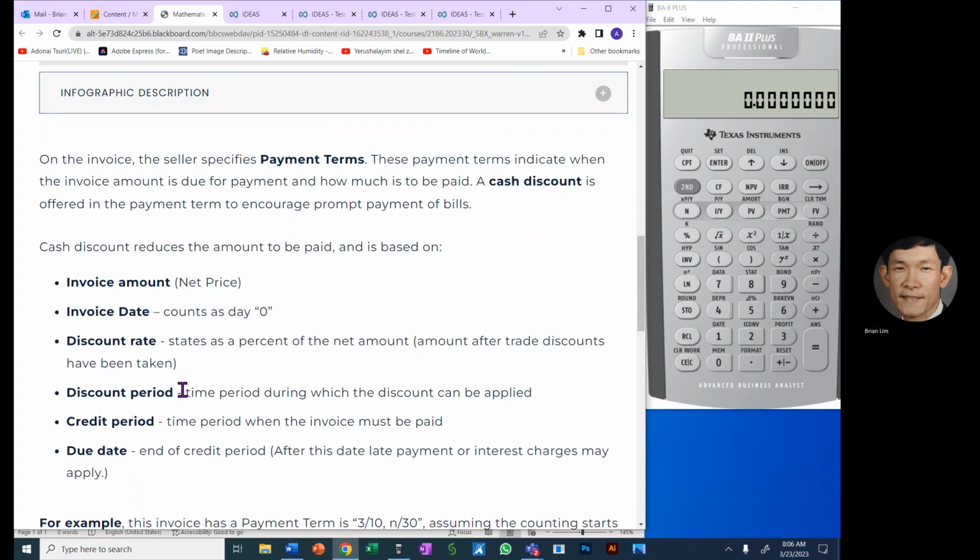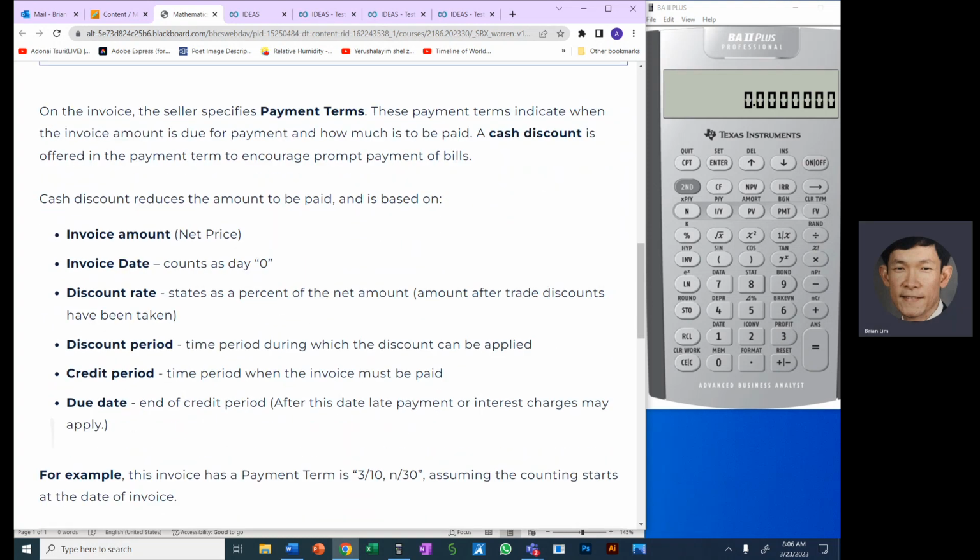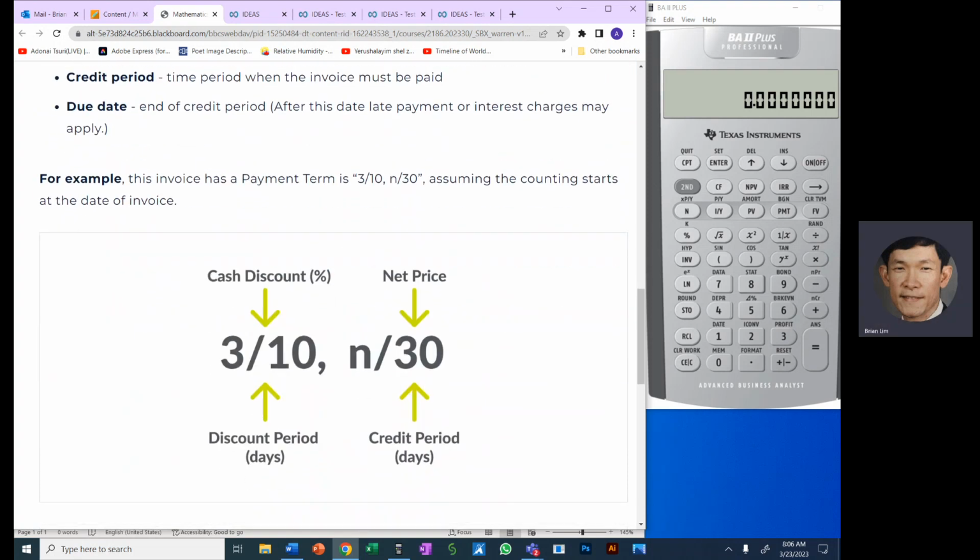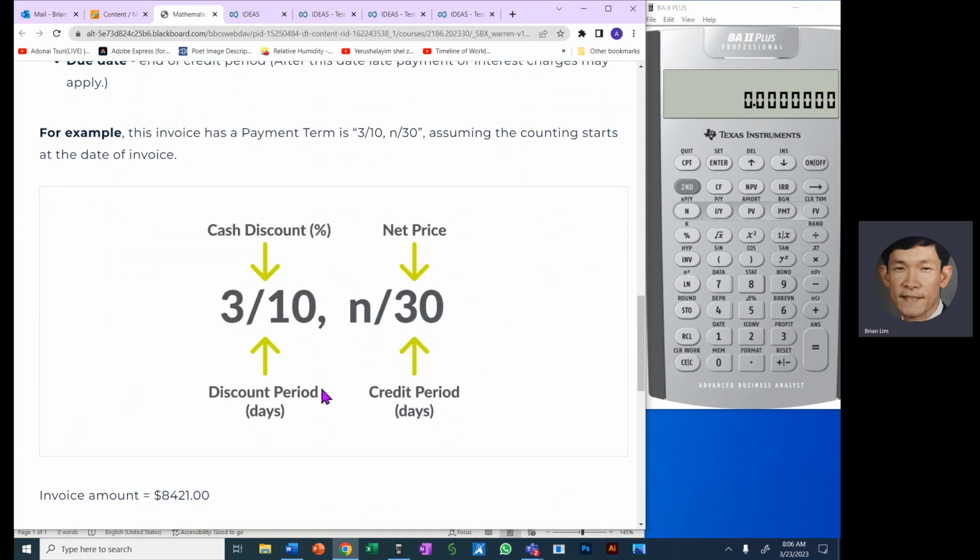This explains those terms that you saw. And now you will see that this 3 is the discount percent, and 10 is the number of days, meaning if it's paid 10 days after receiving the invoice.